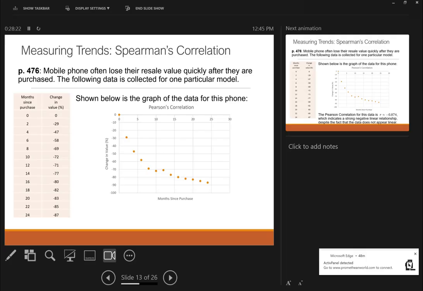If I went ahead and graphed this, this is the scatter plot I would get. If I look at this scatter plot, what is the direction here? Negative. And the form looks exponential. And the strength, quite strong, right? That looks very much like an exponential curve.